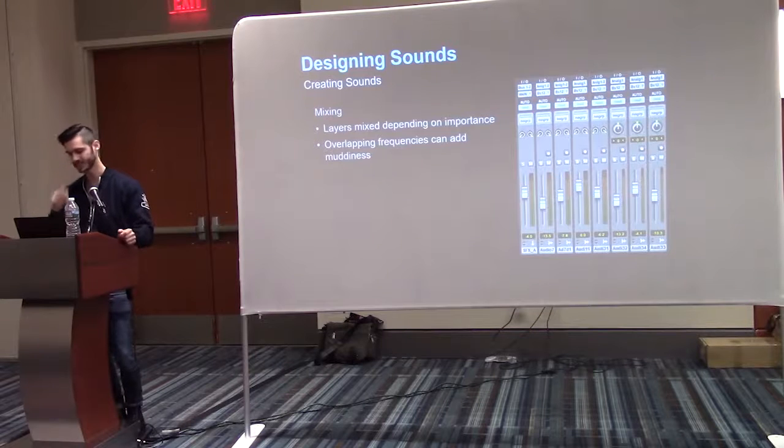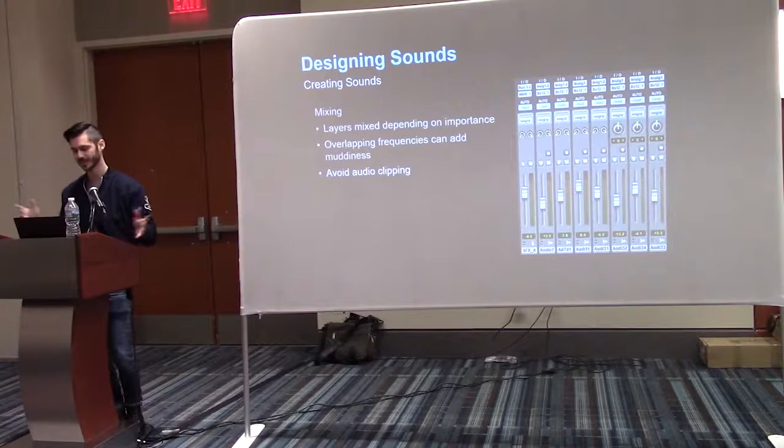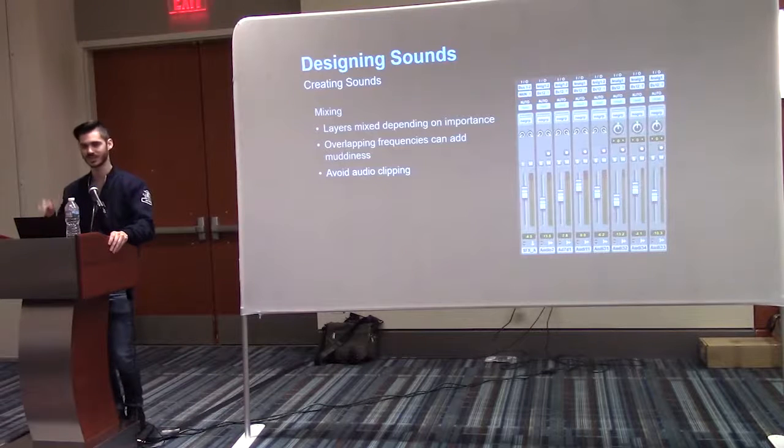So you have to take that into account and really pinpoint and get things sitting right in the mix. This is also an important step because you don't want audio clipping. That basically means taking the sound over the limit of what digital audio can go, and if you do go over it, you'll get distortion, and nobody wants that. It sounds bad.